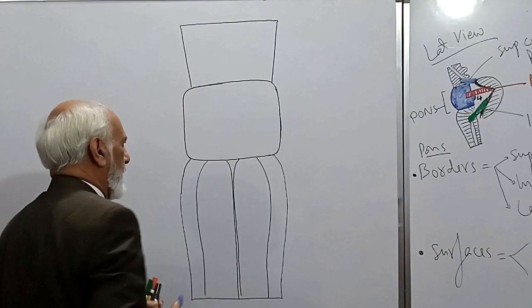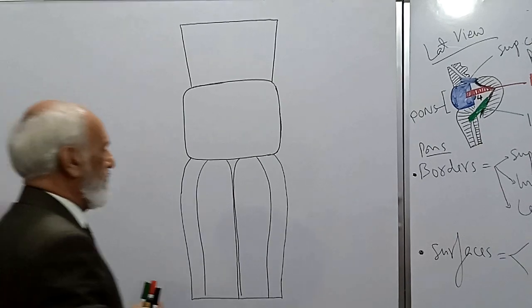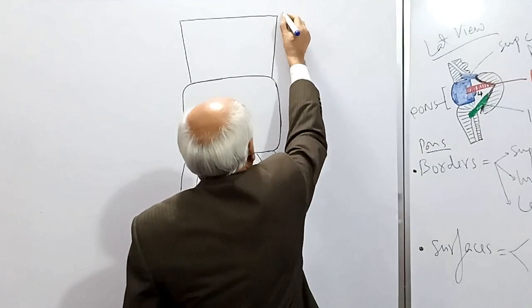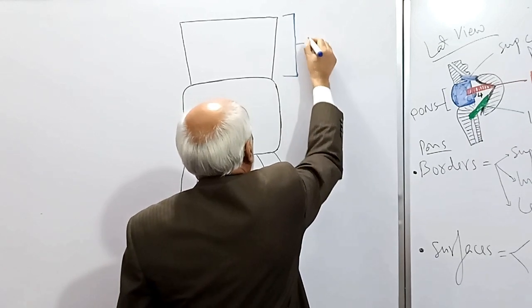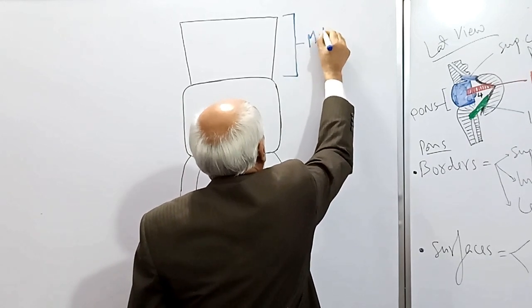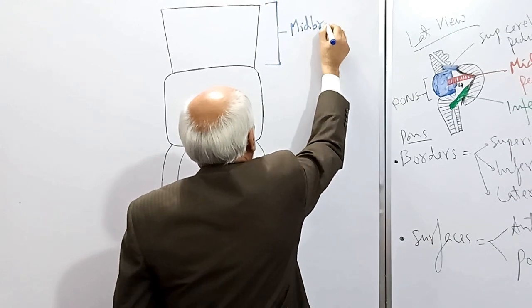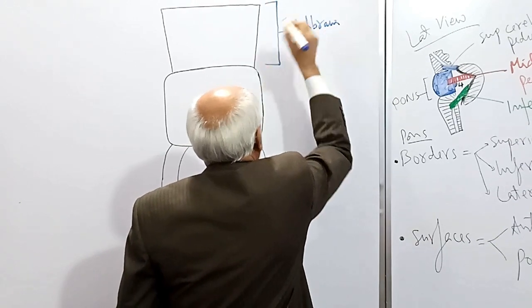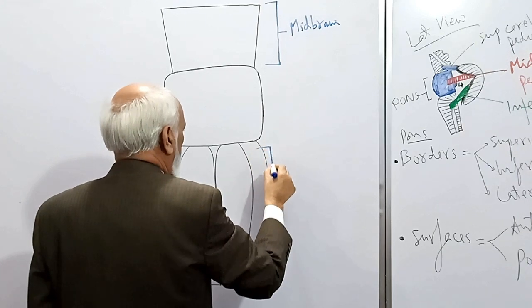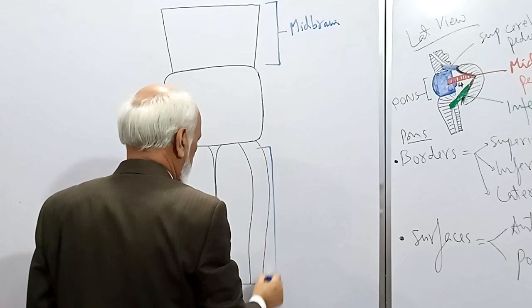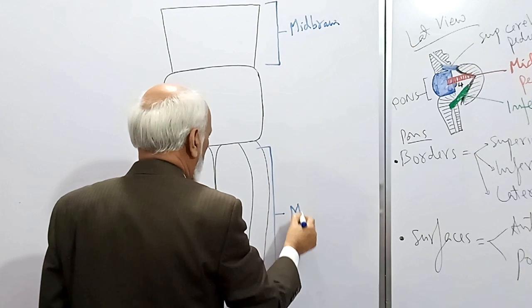This is the ventral surface of the pons. Above the pons, this is the midbrain, and below the pons, this is the medulla oblongata.